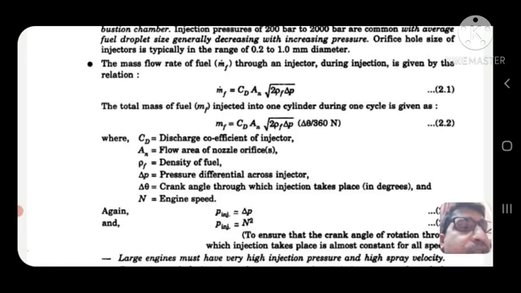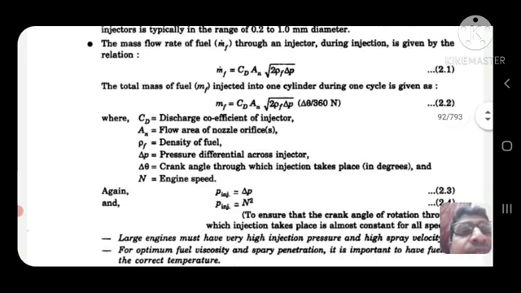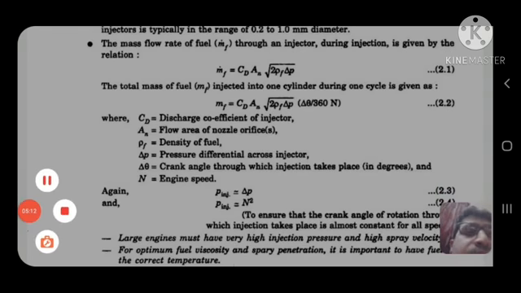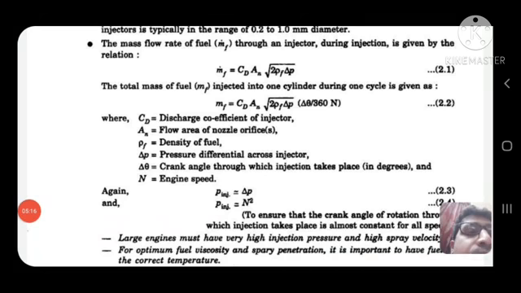The mass flow rate of fuel through an injector during injection is given by the relation m dot f equal to C_D A_n root over 2 rho_f delta p.